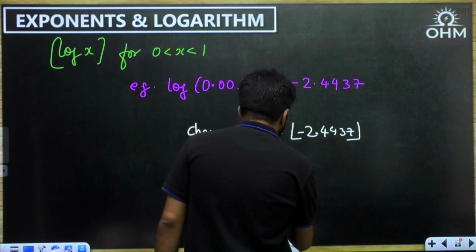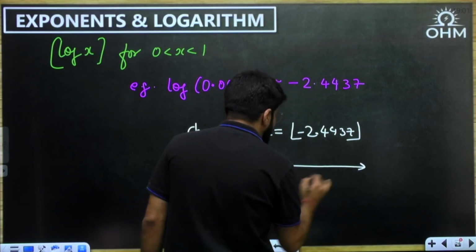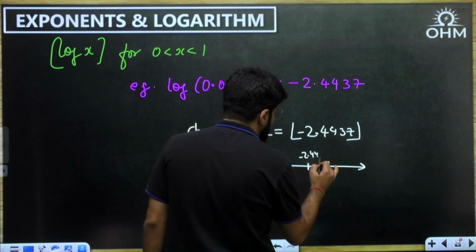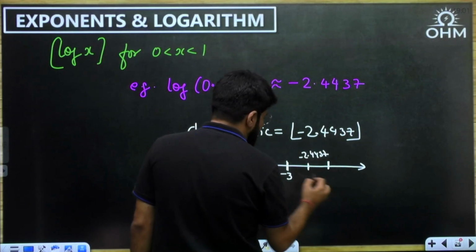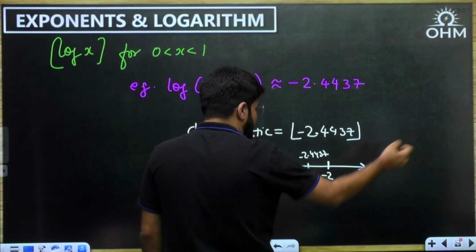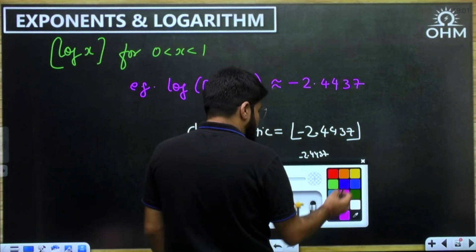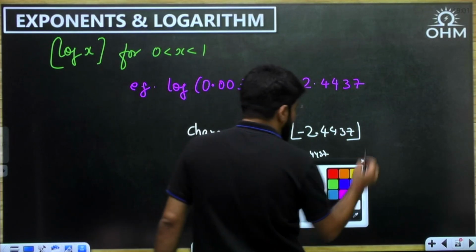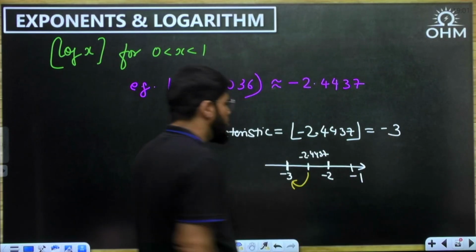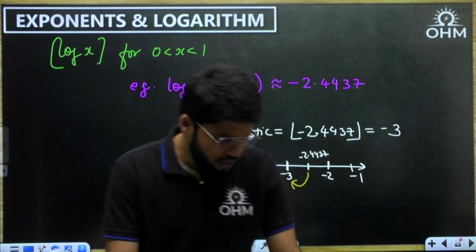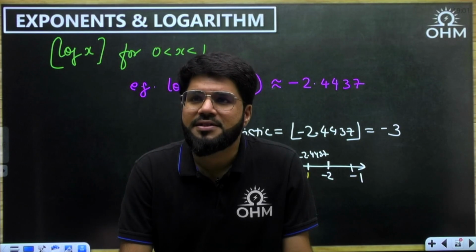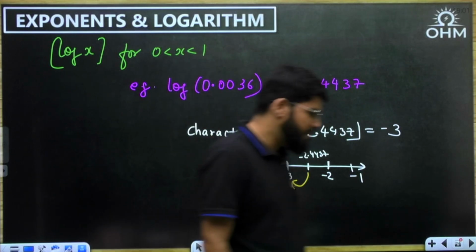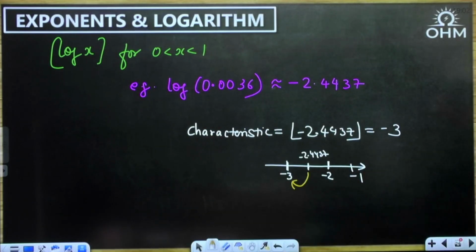If you take the number line, where will minus 2.44 be? In the negative number line, minus 3 will come first, then minus 2, then minus 1, and so on. So the integer below is minus 3. That below part is known as the floor. So the characteristic or the floor value here is minus 3. Is that clear, everyone?